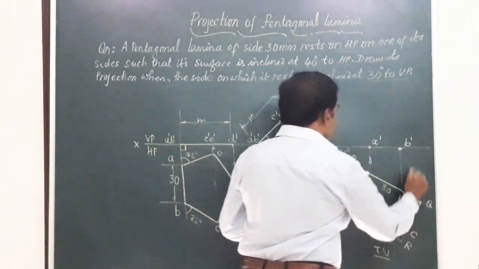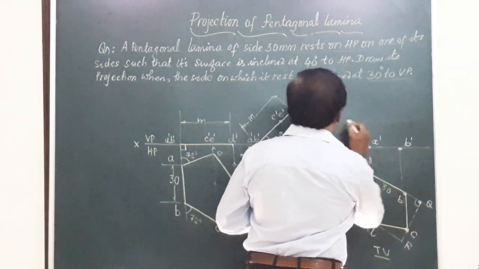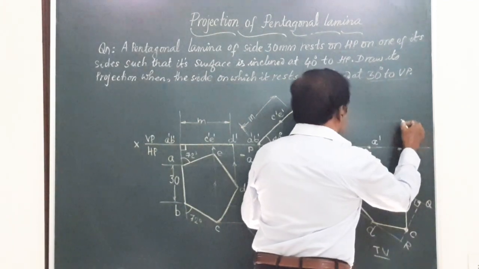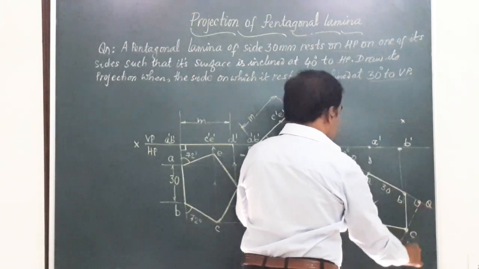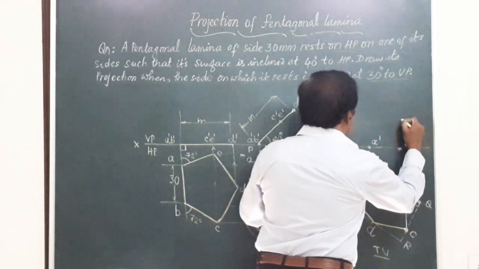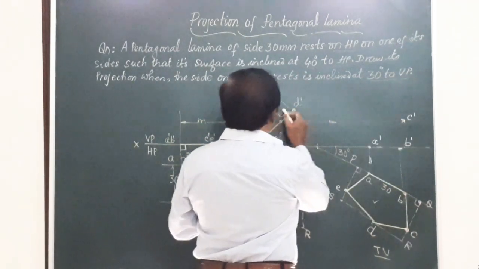Similarly C, vertical from C, horizontal from C, the point of intersection of these two lines, that is vertical from here and horizontal from here, will give you this point as point C dash. D, vertical from D, horizontal.